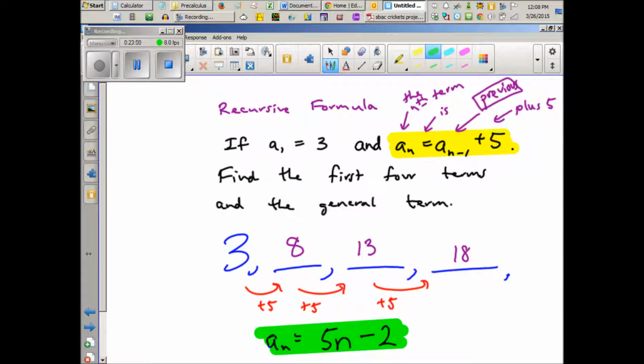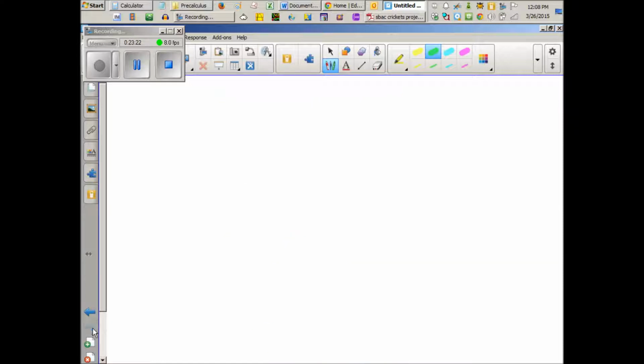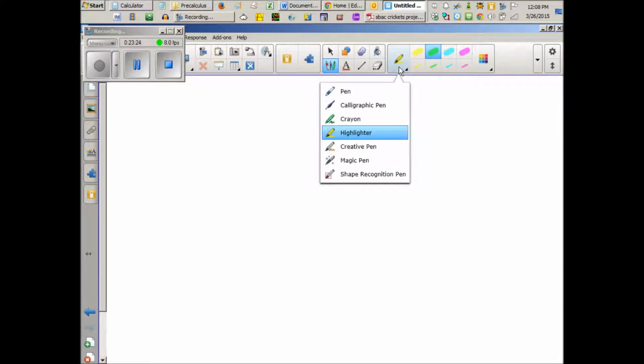So if you want to find the 99th number, there's 2 ways to do it. Find the 98th number and add 5, or just plug in 99. See? Which do you like better, green or yellow? Most people like the green better because they can find any term they want. But the yellow has purpose too. It tells us how to get the next number. Right? Okay?